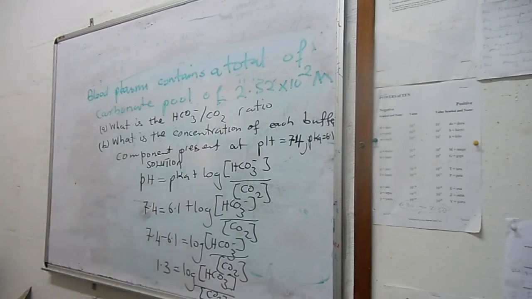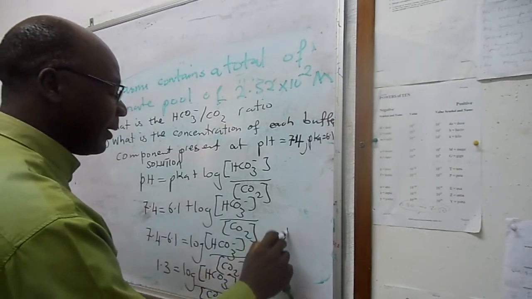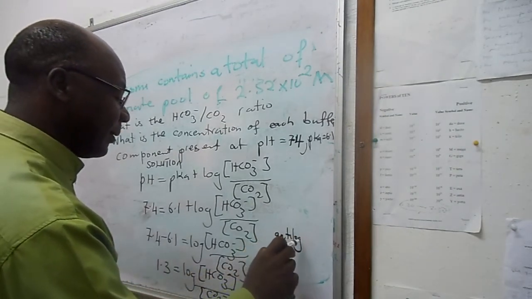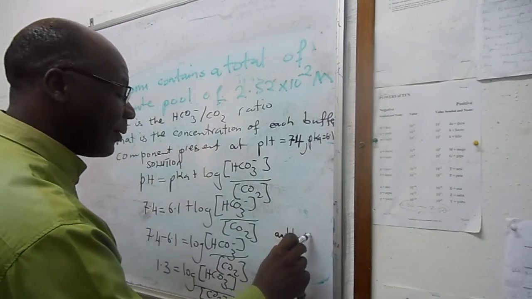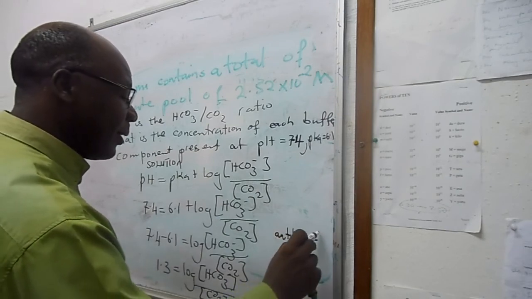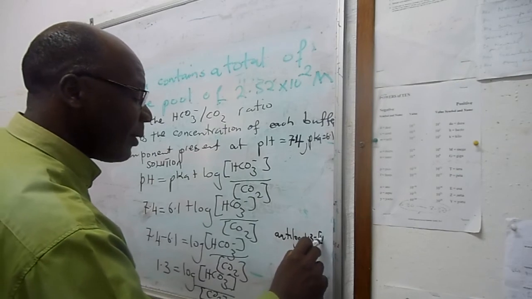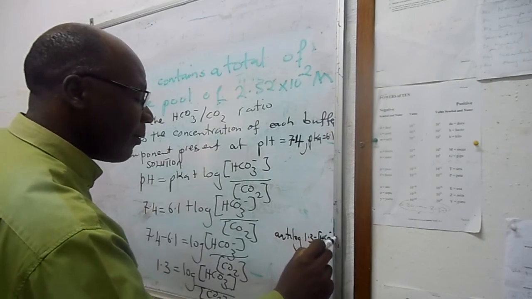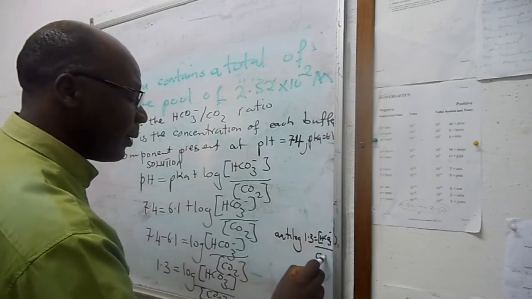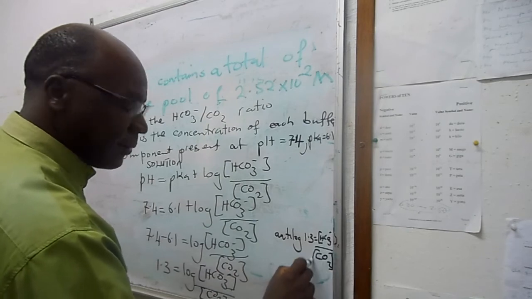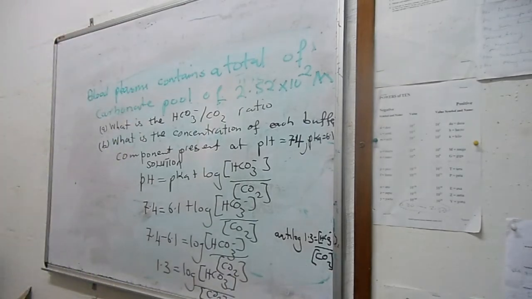Then you can find the antilog of 1.3, which will be equal to the ratio of bicarbonate over carbon dioxide. I have no calculator here, so you can calculate that. That will be the ratio.